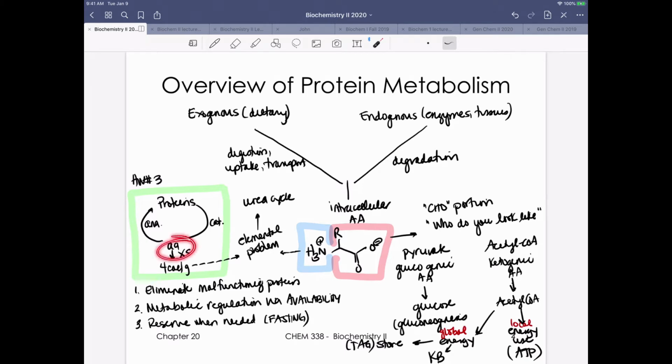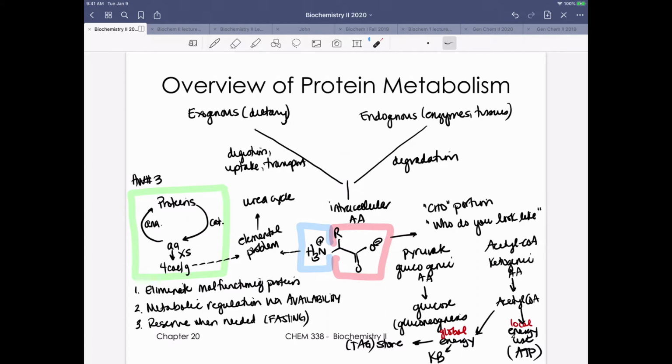Nonetheless, if we do need to break these down, they have a caloric value of 4 calories per gram. But when we look at the structure of an amino acid, we see what we're going to refer to as an elemental problem. When we think about carbohydrates, we think about carbon, hydrogen, oxygen. When we think about lipids, we think about pretty much just carbon and hydrogen. When we add in amino acids, we have carbon, hydrogen, oxygen, and then nitrogen.